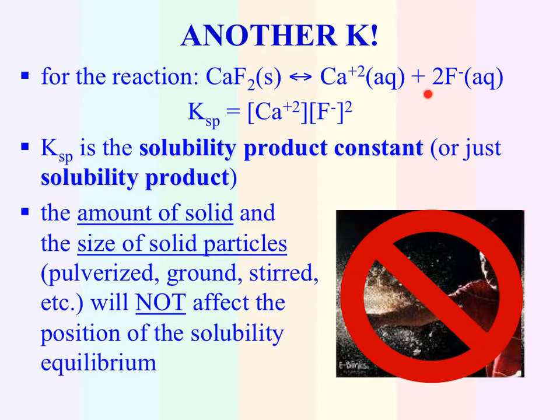And notice also, I've squared the fluoride component because there's a coefficient of 2 in front of that in the balanced equation. So our equilibrium expression is represented in this way. We follow those heterogeneous equilibrium rules, and we indicate that this is the solubility product constant by this subscript sp.